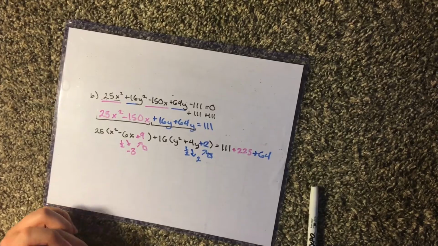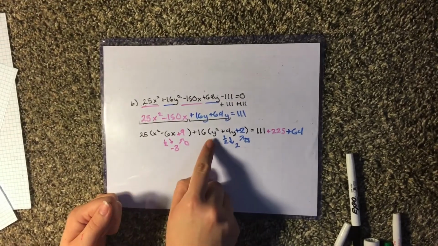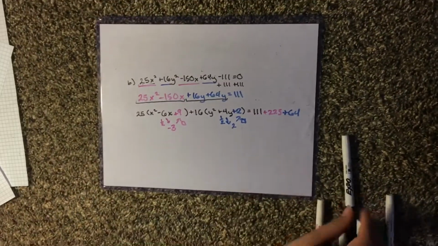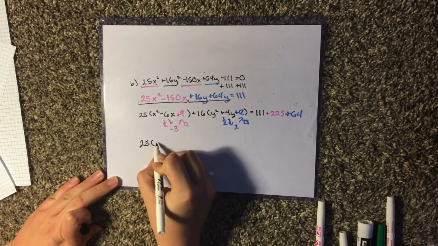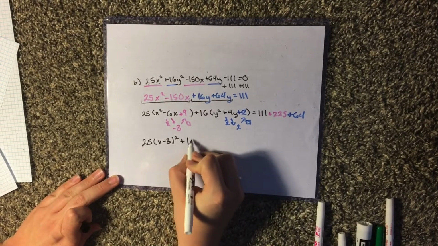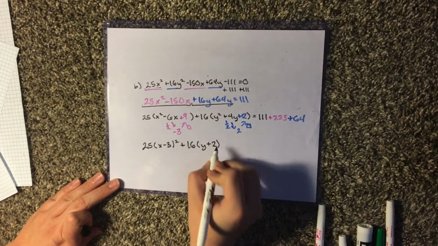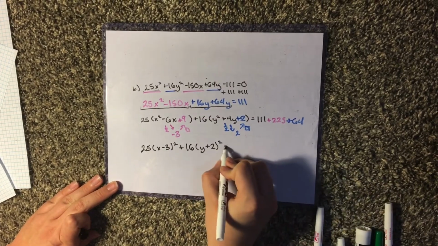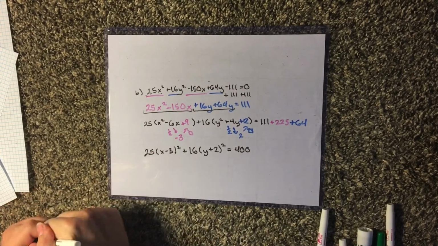Awesome. Now I know that this is a perfect square, which is x minus 3 and y plus 2, all squared. So 25 times (x minus 3) squared plus 16 times (y plus 2) squared equals 400. Good, perfect, nice.